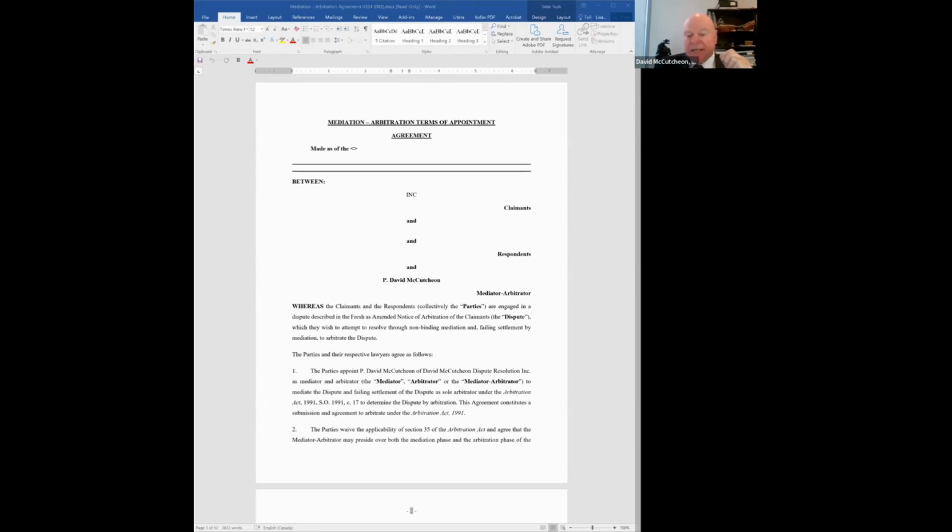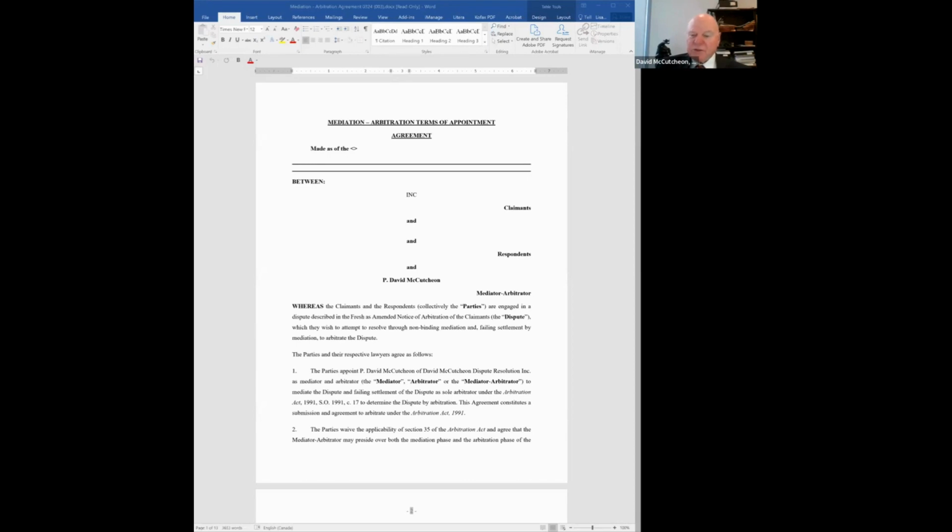The classic mediation issue is you get to the end of the mediation and there's some issue that cannot be agreed by the parties. It could be the value of a property, but it's one piece of a puzzle that makes up a settlement agreement. So your final settlement agreement says the parties can't agree on the value of property A, but if they can't agree within the next 90 days, it goes to arbitration in front of McCutchen.